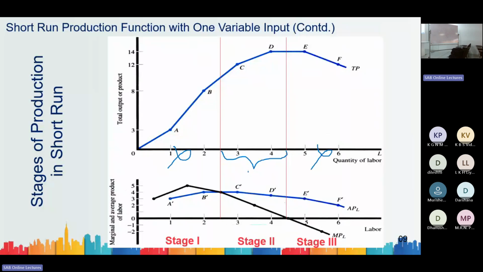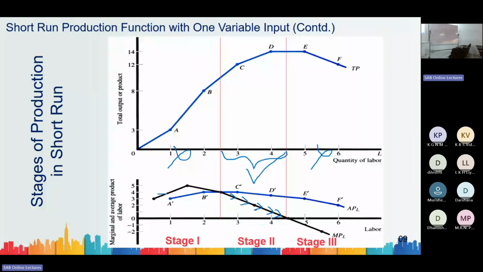A rational producer will operate only in stage 2. In stage 1, what do you observe? Marginal product of labor is increasing.